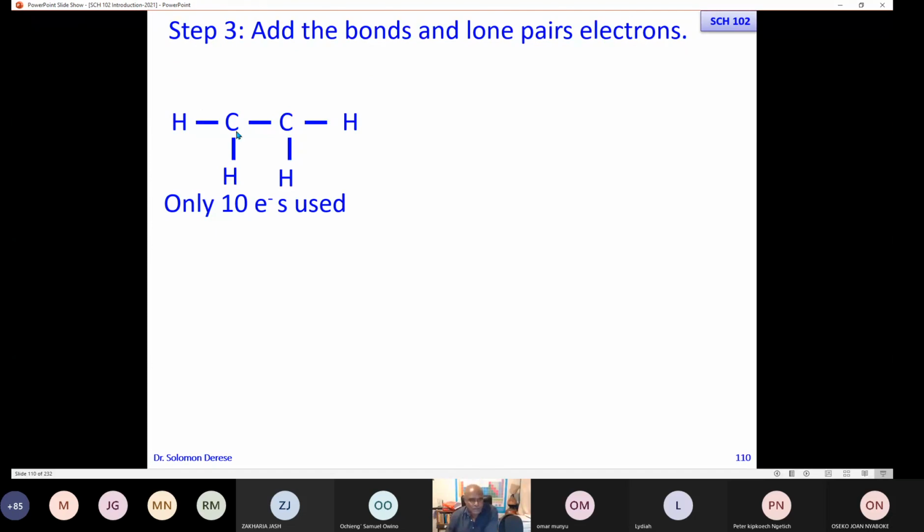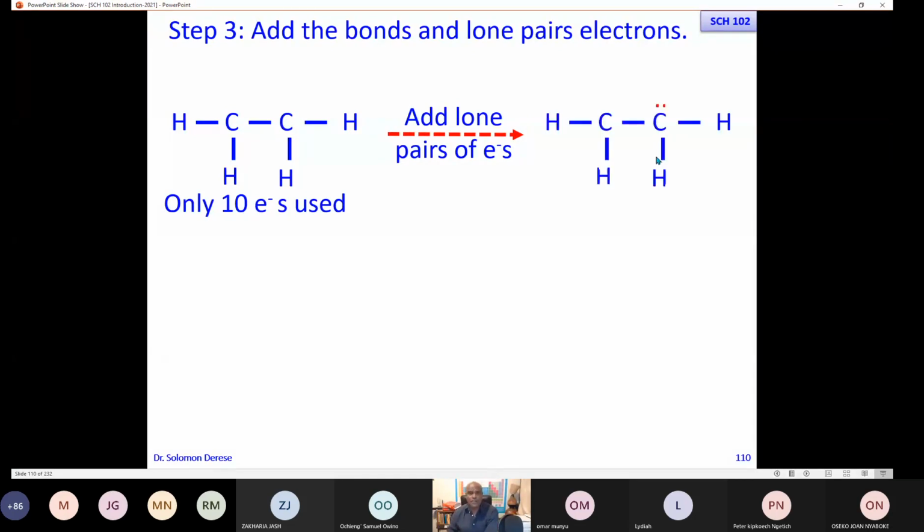If you look at the carbons, this carbon as well as this carbon, they only have 3 bonds, 3 times 2, 6 electrons. So none of these carbons has an octet of electrons. So we can put these additional 2 electrons as a lone pair. You can put it on this carbon or the other carbon, it does not matter. But all the same, put those electrons as a pair.